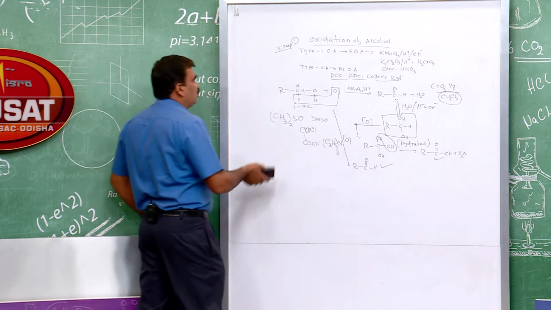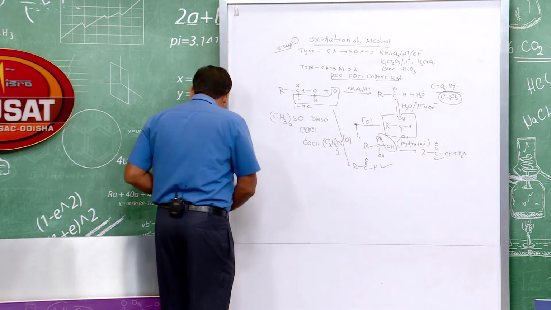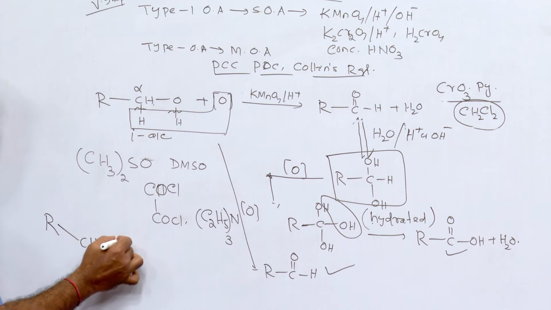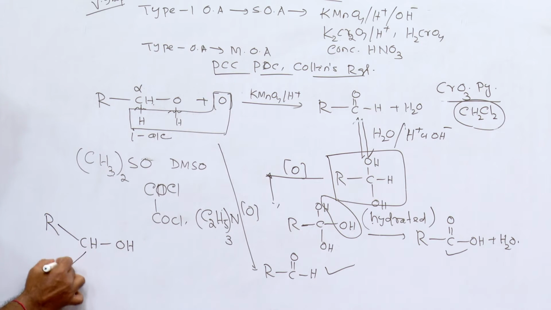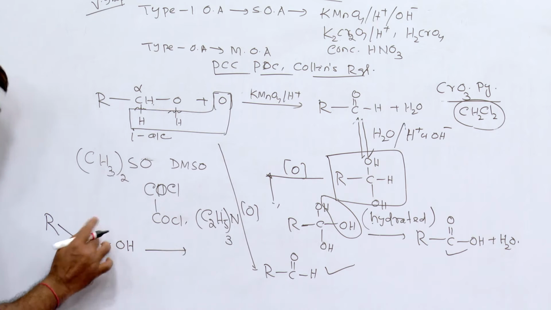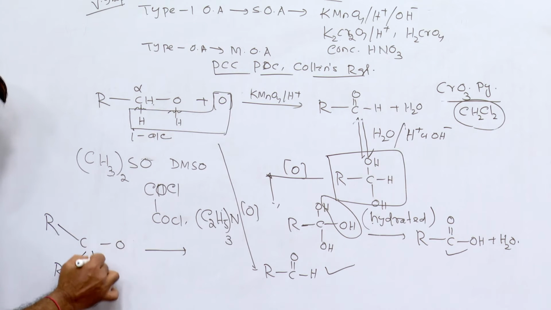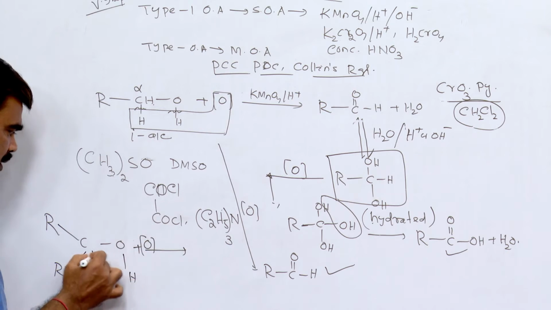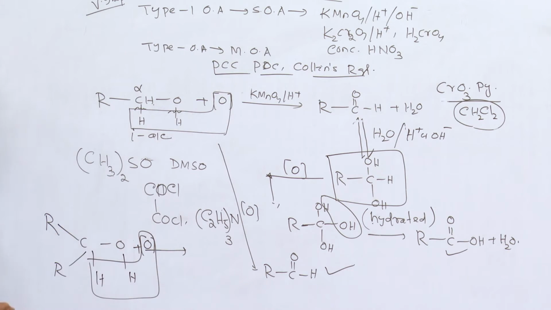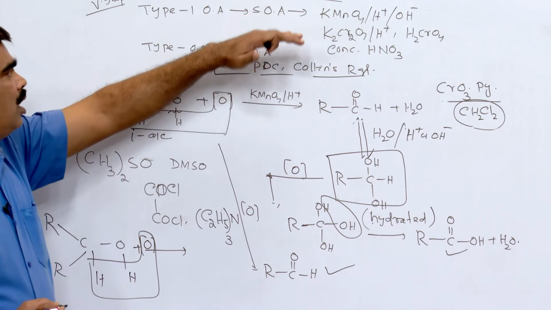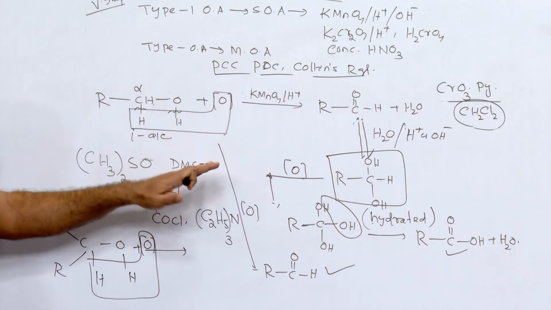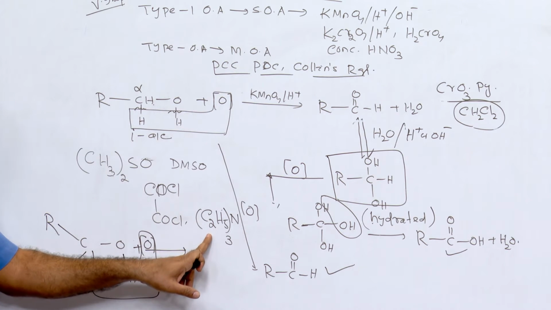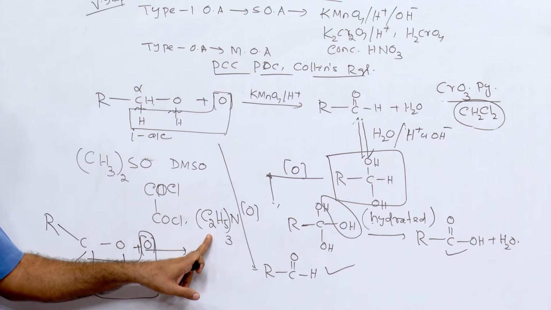Next, let us proceed to discuss one more thing. Similarly, secondary alcohol will give you ketone because this H is removed as water on reaction with either a strong oxidizing agent or mild oxidizing agent, or with DMSO, oxalyl chloride or triethylamine, that is Swern's reaction.